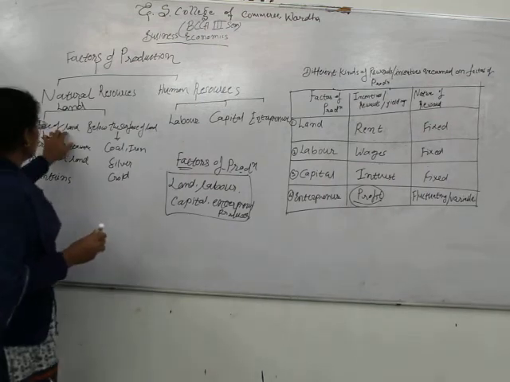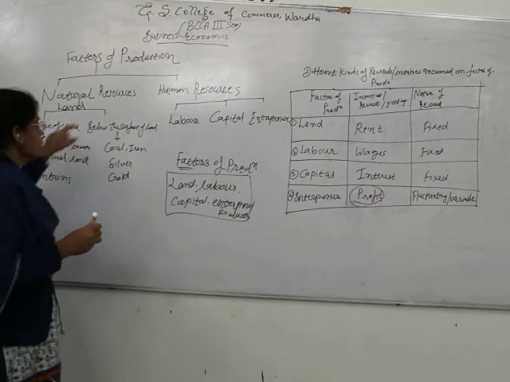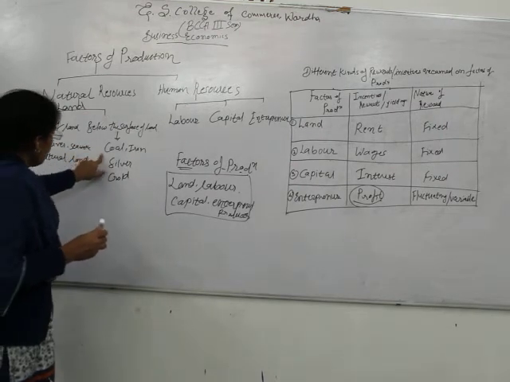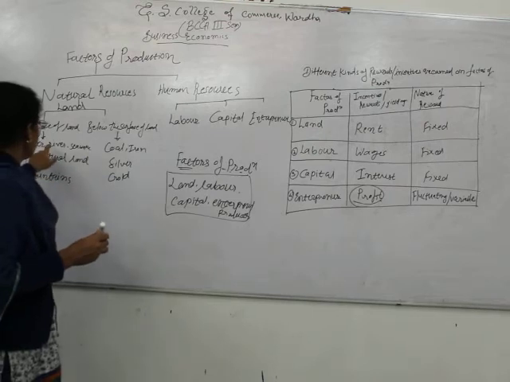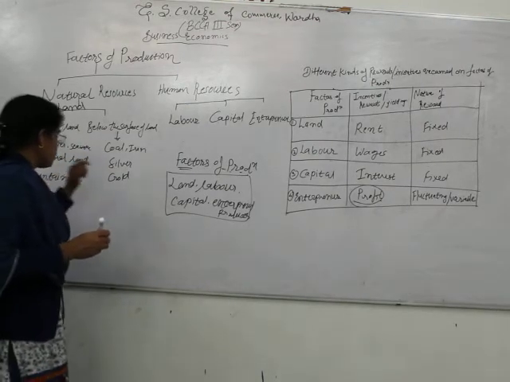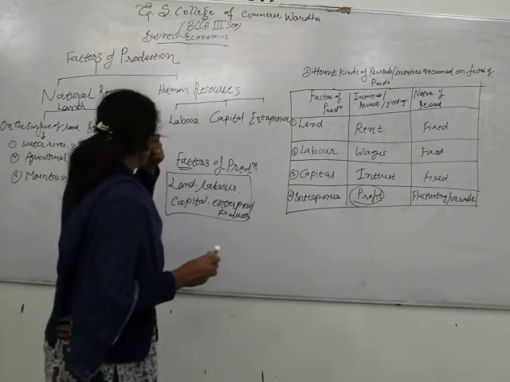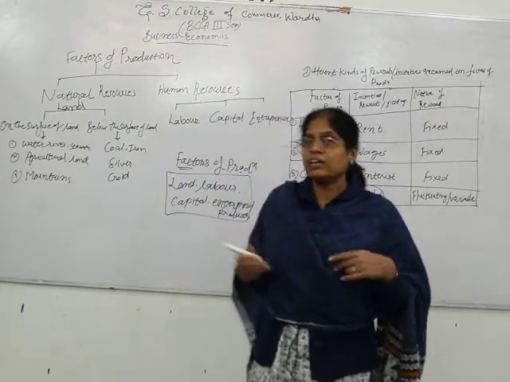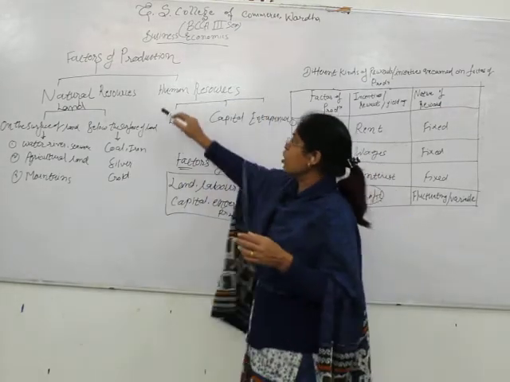What are the natural resources on the surface of land? Water, sea water or river water, agricultural land and mountains. And below the surface of land, what natural resources are there? Coal, iron, silver and gold. So this is what we have seen.